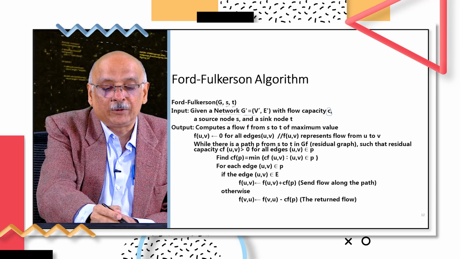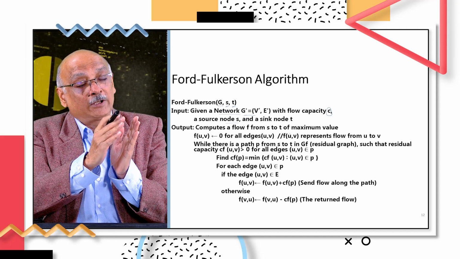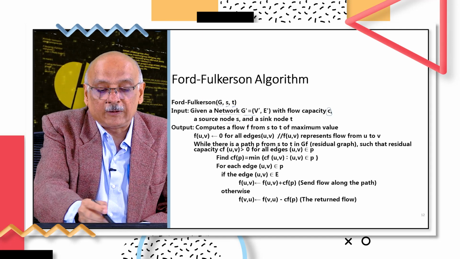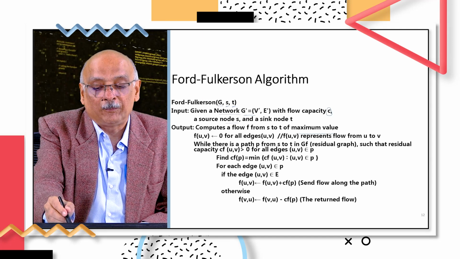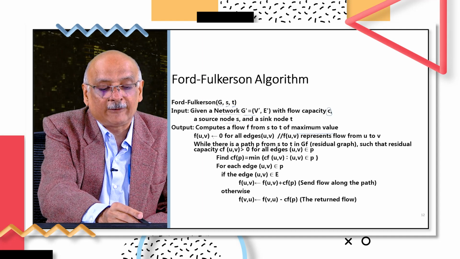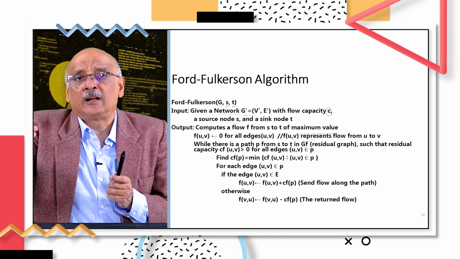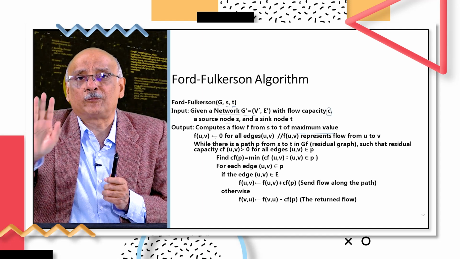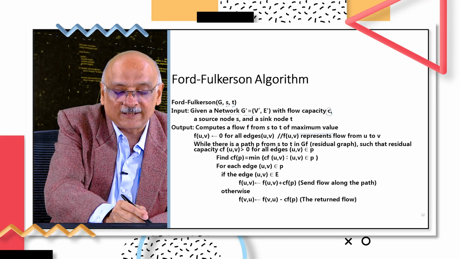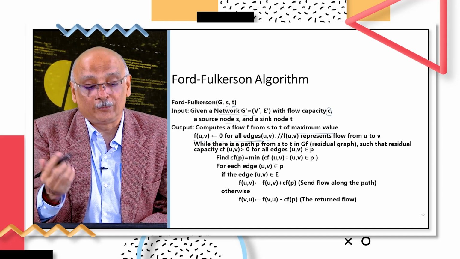What does it compute? A flow f from S to T. Our objective is to compute the overall flow from S to T of maximum value. Initially we are not using any of the capacity, so the flow will be 0 for each and every edge. That is the initialization: for all edges you will initialize the flow to be 0.